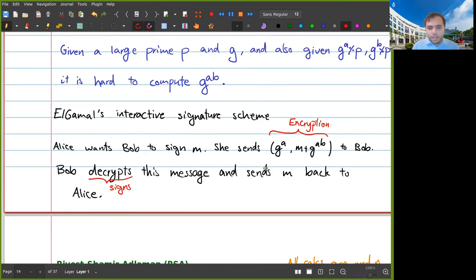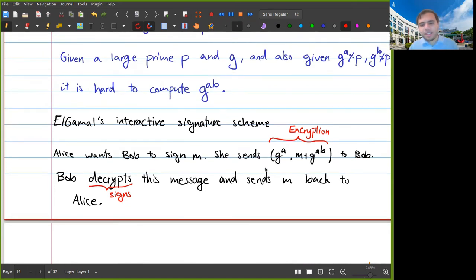Okay. Now, why can we really think of this as a signature? Because if Bob does not agree, if, for example, let's say M is a message that says, I want to pay $100 to Carol from the account. And let's say that Alice is the bank and Bob is the customer. So Alice can just send this message to Bob.